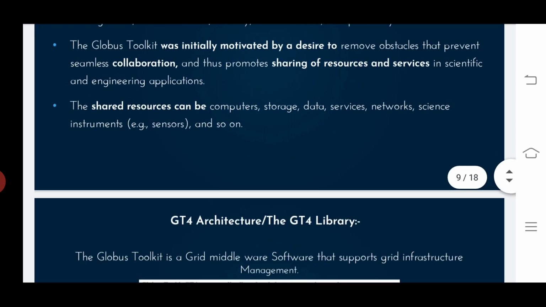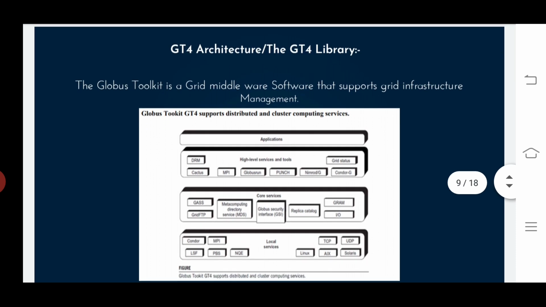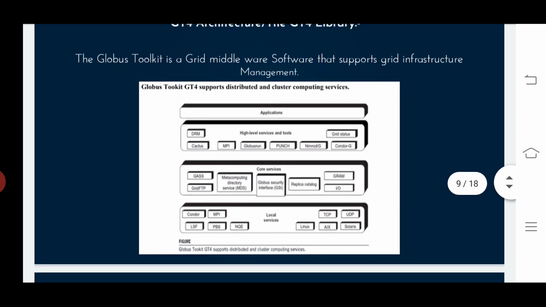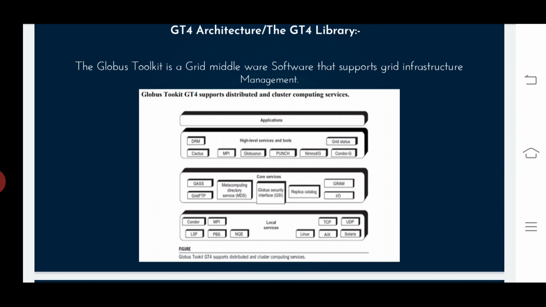Now we can see the Globus Toolkit architecture. This diagram explains that the Globus Toolkit implements the following standards. The Globus Toolkit is grid middleware software that supports grid infrastructure management.